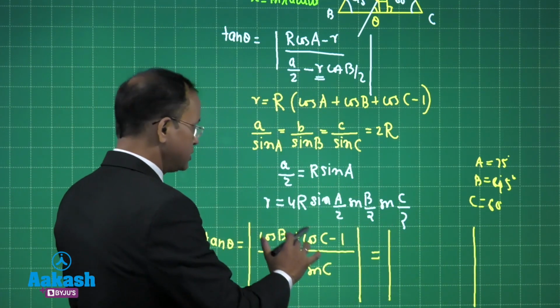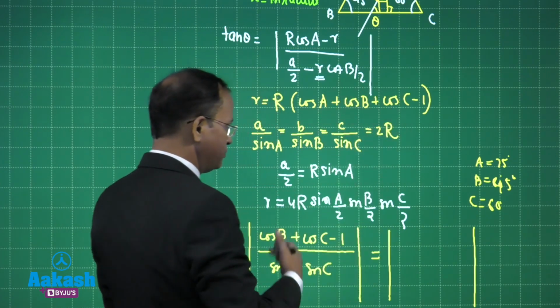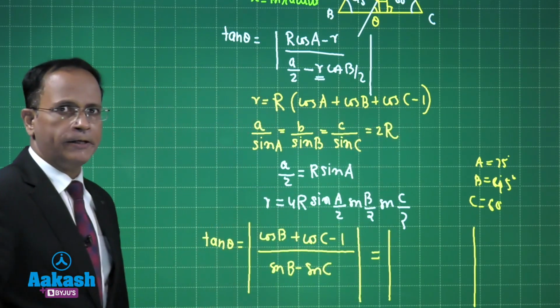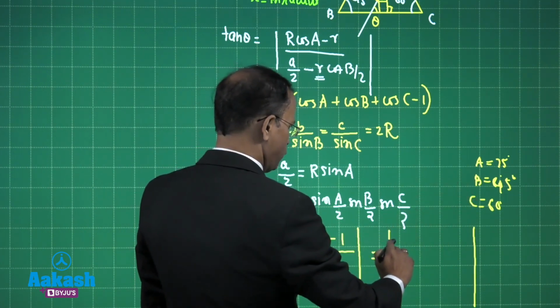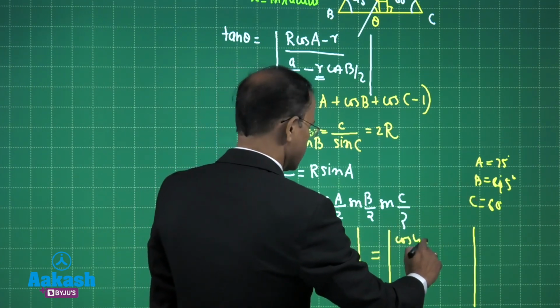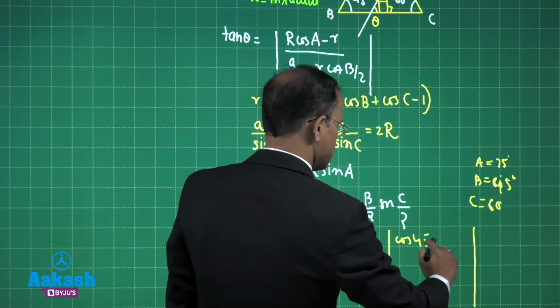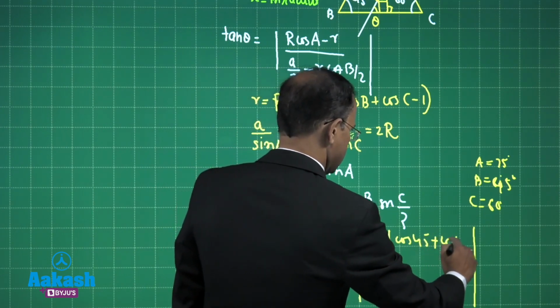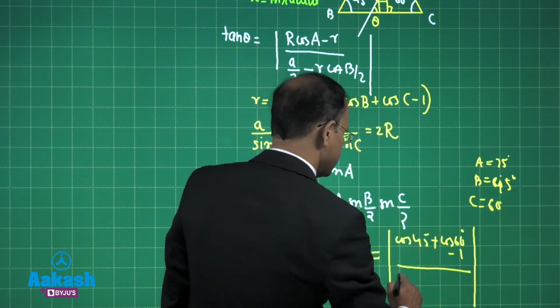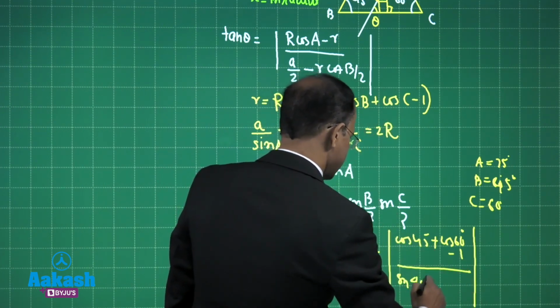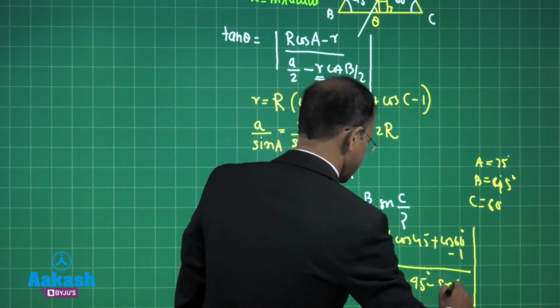See, tan theta is given in terms of A, B and C. So, here what we can do, in cos B we can substitute cos 45 degrees, then cos C, that is cos 60 degrees, then minus 1, whole divided by sin B, this is sin 45 degrees, and sin 60 degrees.